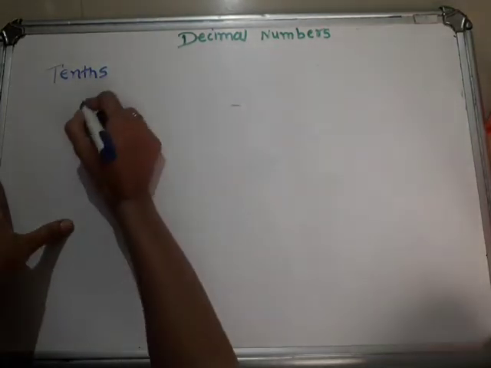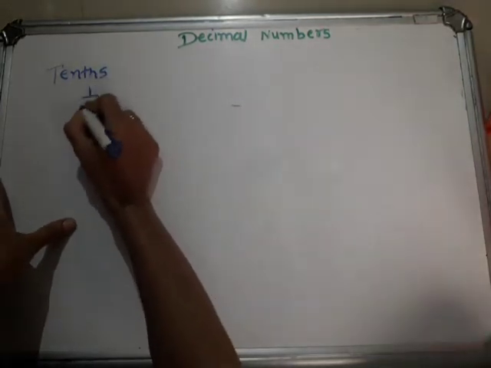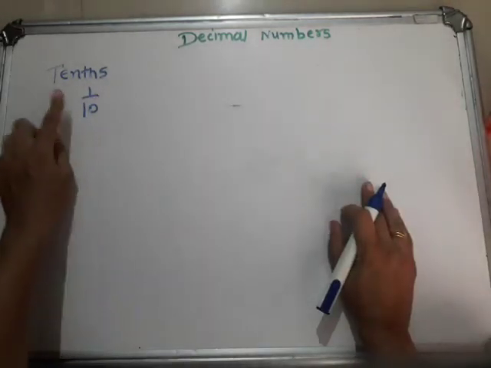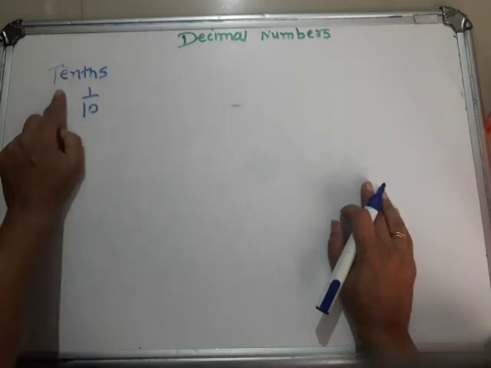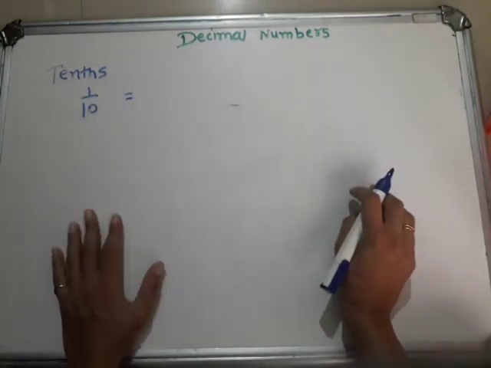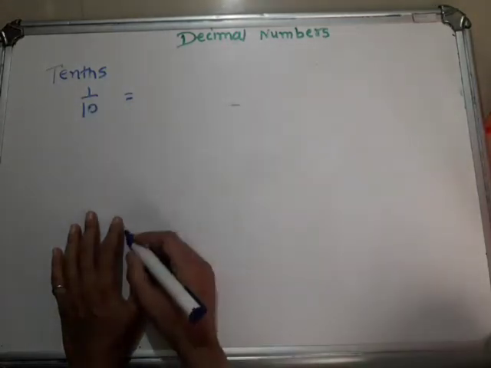You know the fraction 1/10 means? When 1 is divided into 10 equal parts, then one part is called 1/10. So we write in fraction like this, 1/10. And in decimal, how to write here?